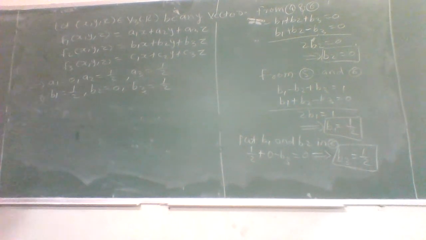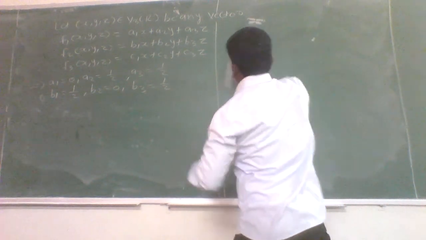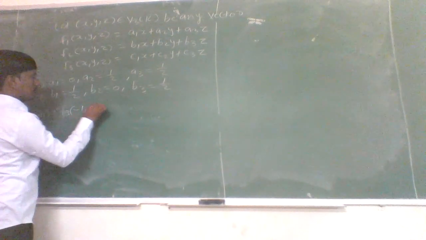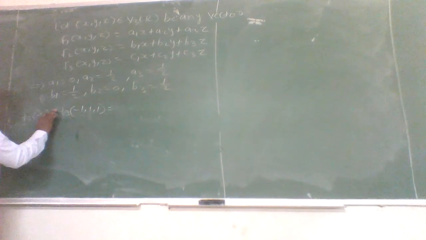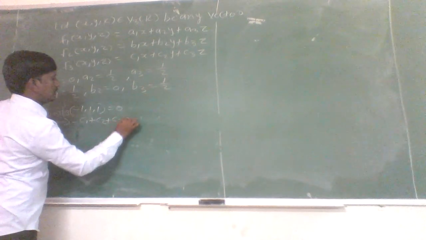Now it remains to find out the values of C1, C2 and C3. Now, F3 of alpha 1 is minus 1, 1, 1, equal to 0, which implies minus of C1 plus C2 plus C3 is equal to 0.